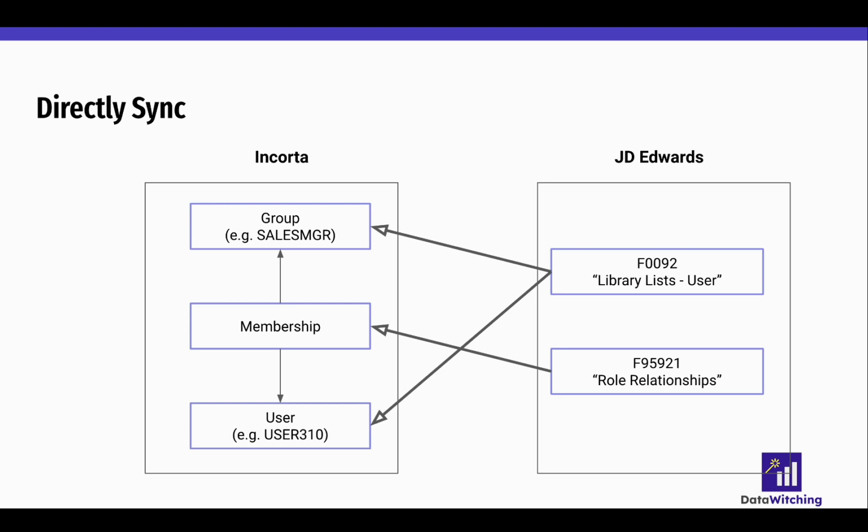GD AdWords uses the table F0092 to store users and groups, and F95921 to store membership information.